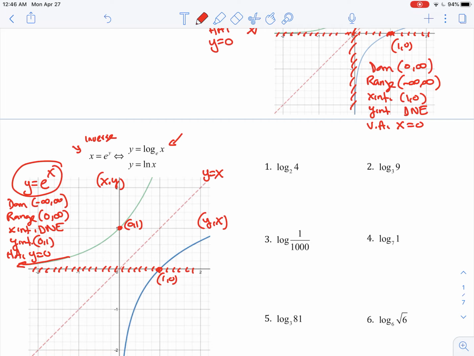Now base e is such a popular number. It's a very common number, especially in calculus, that log actually gets its own special name if you're working with base e, a base of approximately 2.71.